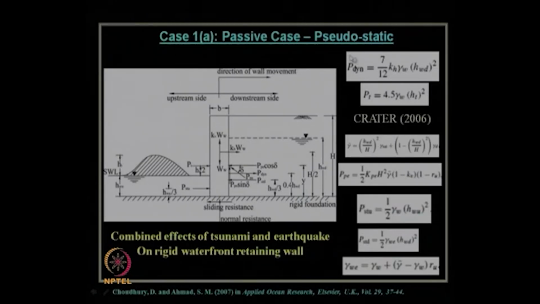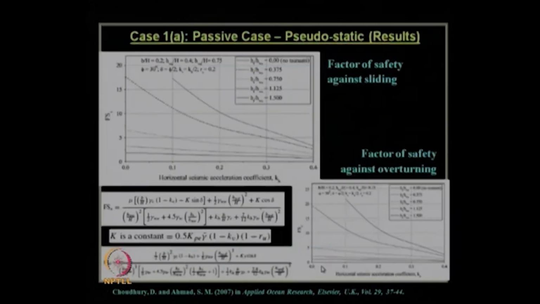Considering the equation of hydrodynamic pressure force given by Westergaard, and the tsunami wave pressure force equation as proposed by Crater, and considering other variable parameters like average unit weight in the downstream, the passive earth pressure on this side has been estimated using this equation. Also from the downstream side the static pressure, and from the upstream side the hydrostatic pressure, are obtained using this relationship.